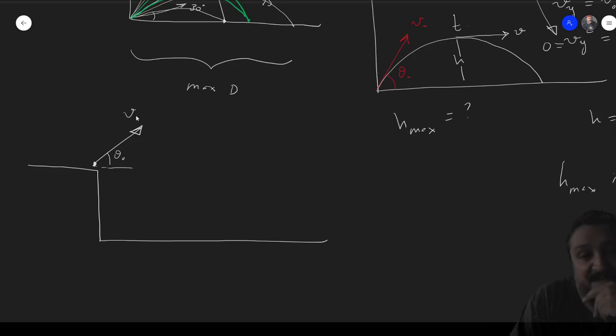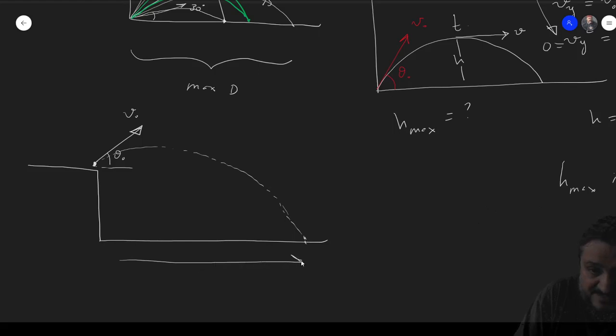The problem is, again, you kick the ball with an initial velocity, it flies like this, but now it hits the floor over here. How do you maximize this distance, the range? What is the maximum range in terms of v naught and theta naught?